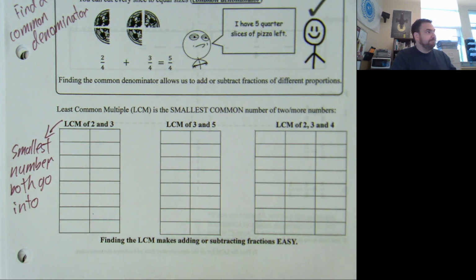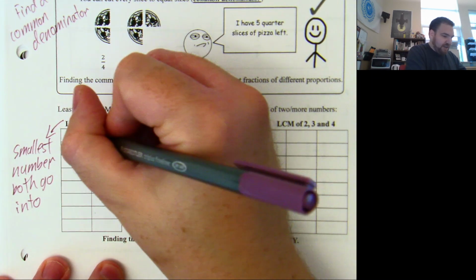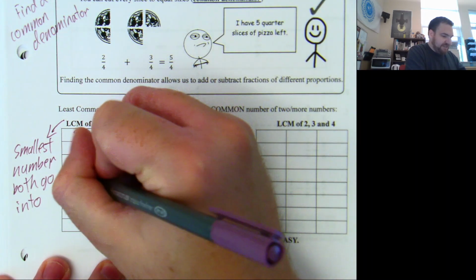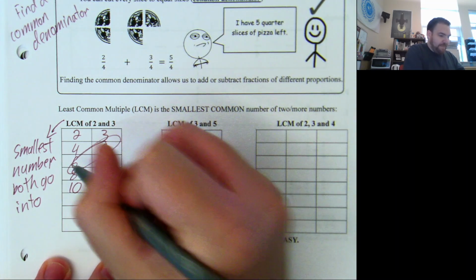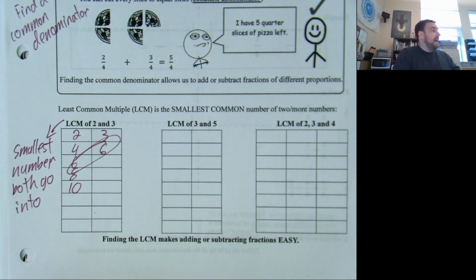How'd you do it? Did you just know? Sorry? 3 plus 3 plus 3, 2 plus 2. I just kept on adding. Oh, you kept on adding. Okay, so you use this chart and you say, okay, that's 2, that's 4, that's 6, that's 8, that's 10, that's 3, that's 6. Oh, look. They share a common value there. Yeah, absolutely. That's certainly one way to do it.